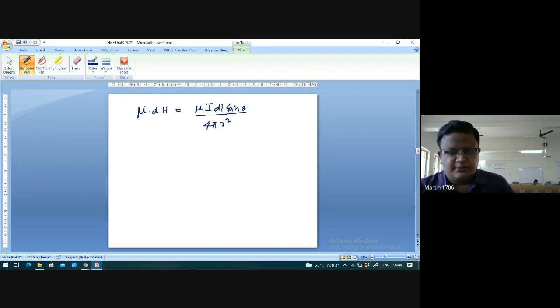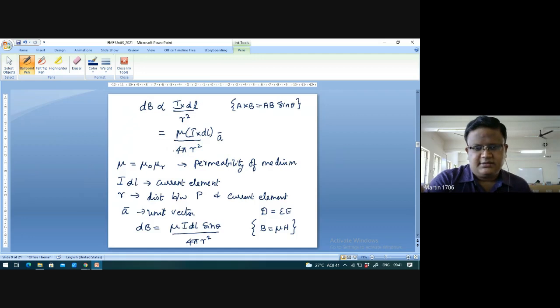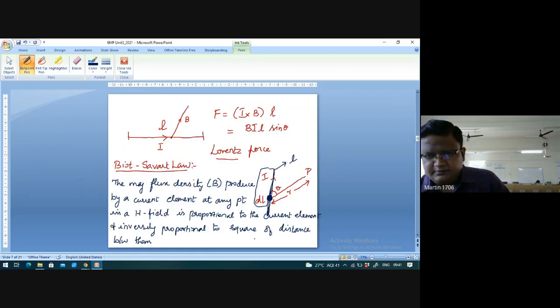Now simplify: mu gets cancelled. So dH is equal to IDL sine theta divided by 4 pi r square. This is your magnetic field, but see, it is denoted as dH, so it is obtained at this point only.